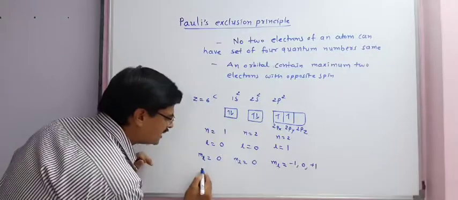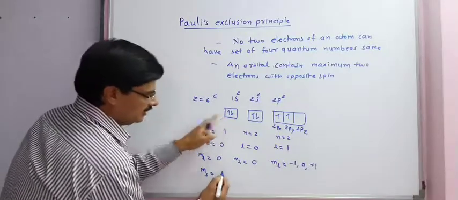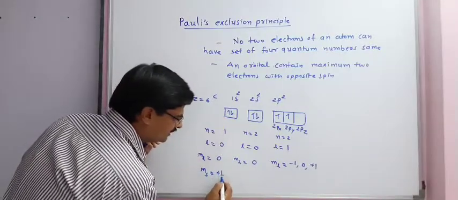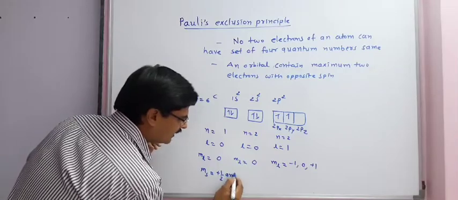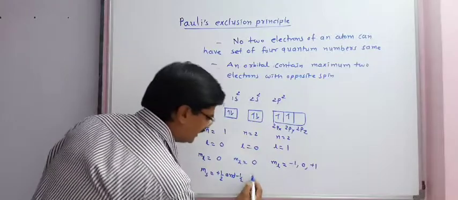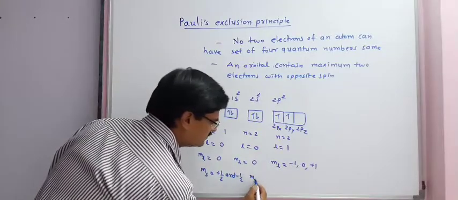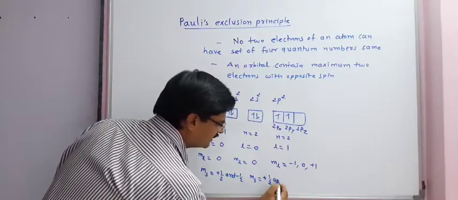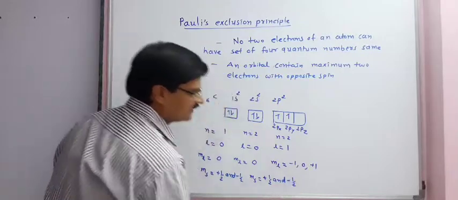Now, spin quantum number ms for the 2 electrons of 1s is +½ and -½. Same way for the 2 electrons of 2s, ms values are +½ and -½.